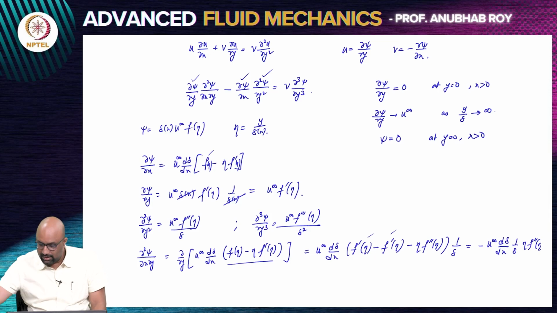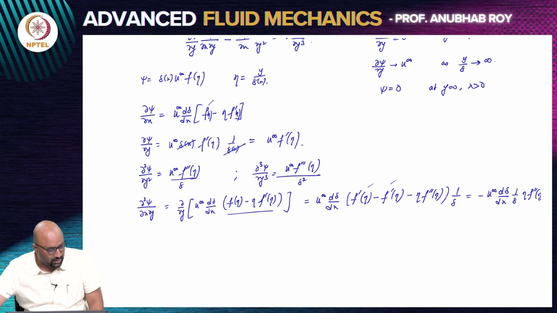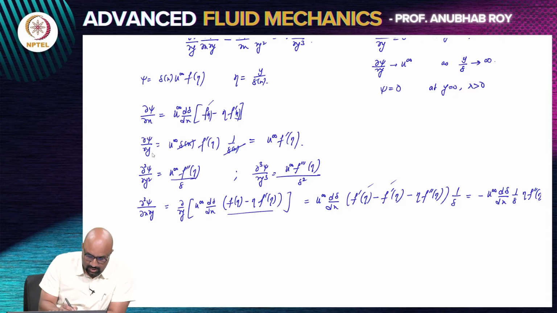So we have all the terms that we need, and now we can substitute. So we can plug in all the terms in the equation. So for dou psi dou y, it's going to be u infinity f prime or f dash, and then for the mixed derivative it will be minus u infinity d delta dx into 1 by delta eta f double dash.